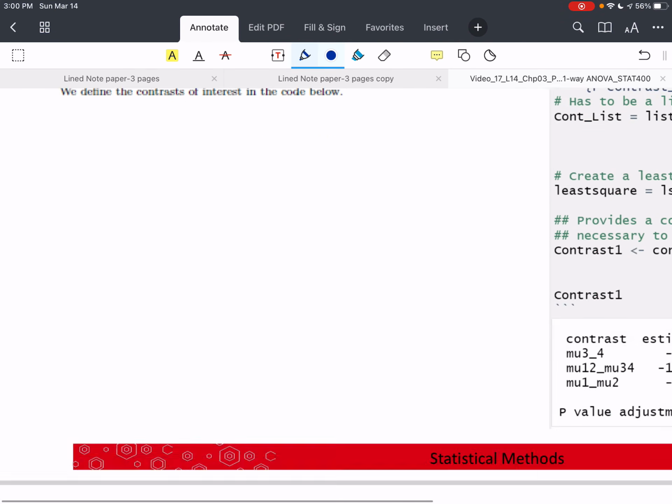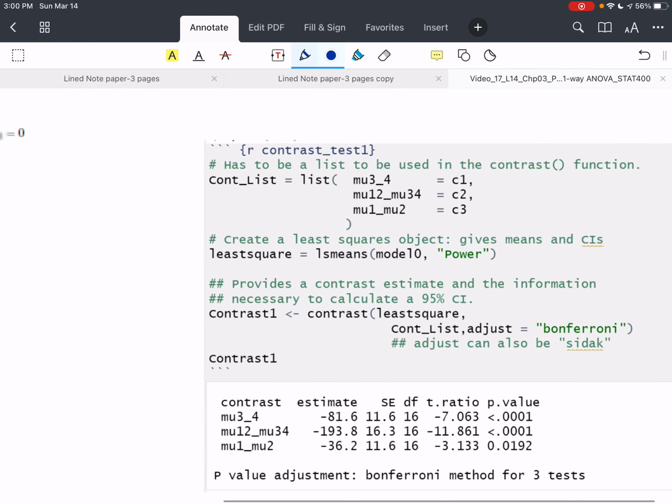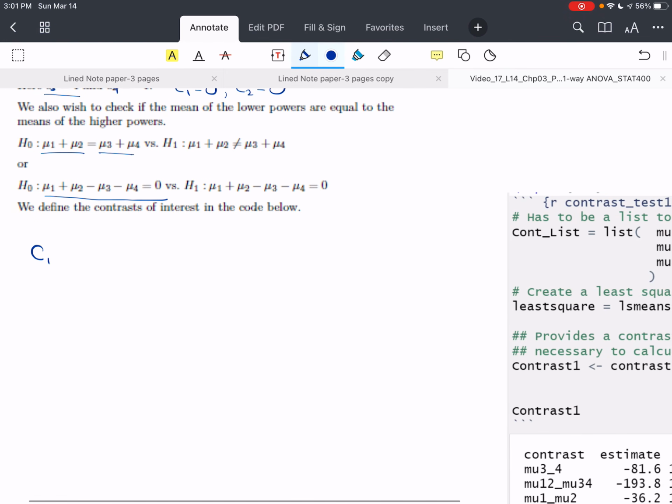What happened to my code? Okay, I forgot to put the code. So what we did was we set C1 equal to c(0, 0, 1, -1). C2 is equal to c(1, 1, -1, -1).